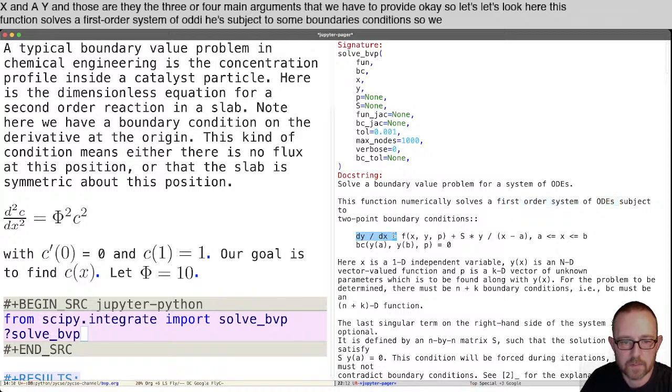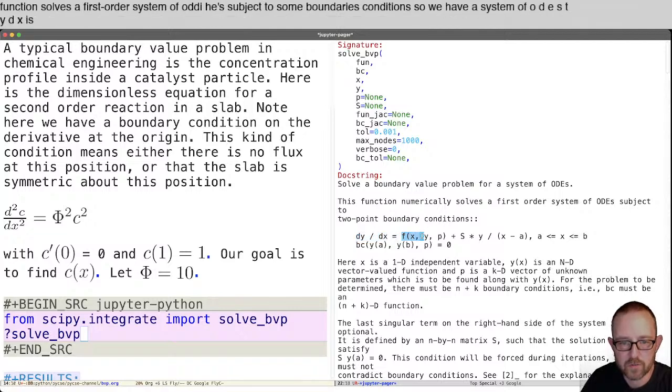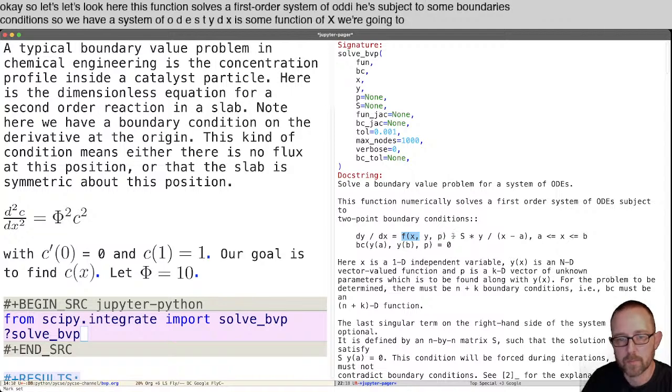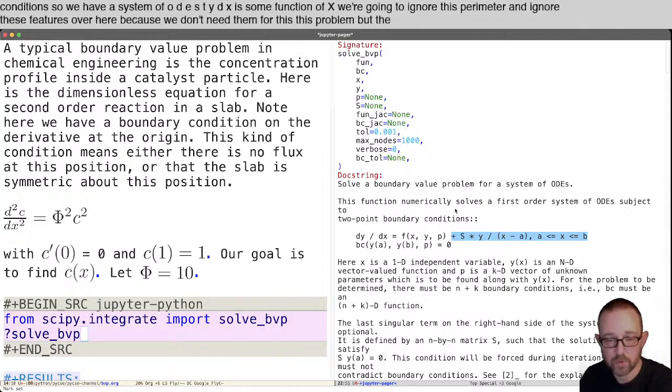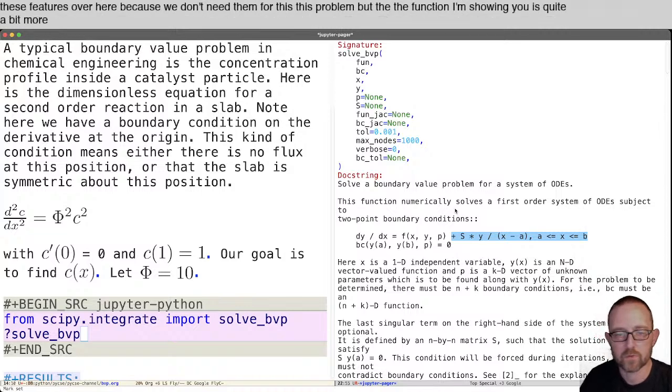So we have a system of ODEs, dy dx is some function of x. We're going to ignore this parameter and ignore these features over here because we don't need them for this problem. But the function I'm showing you is quite a bit more useful than just solving this specific problem.